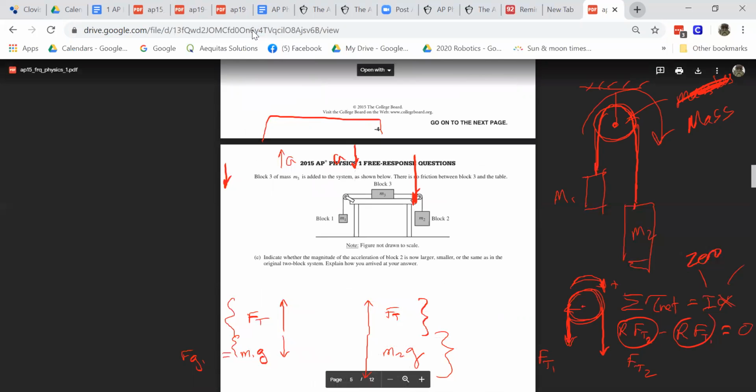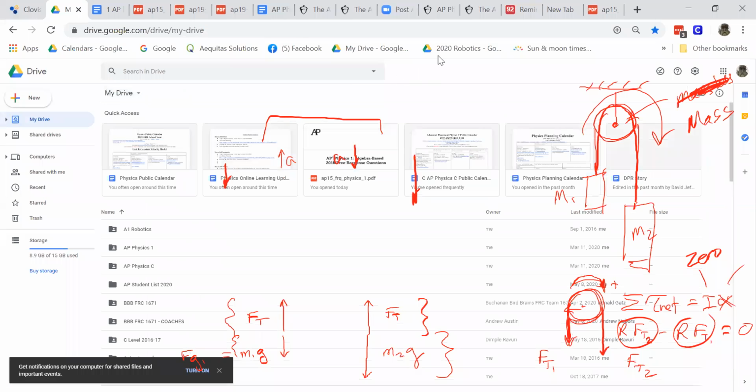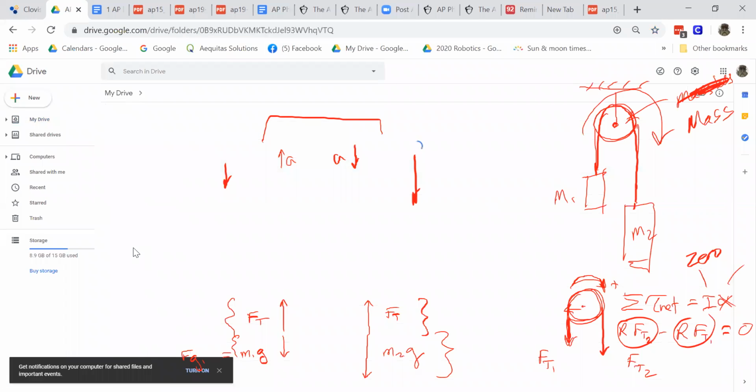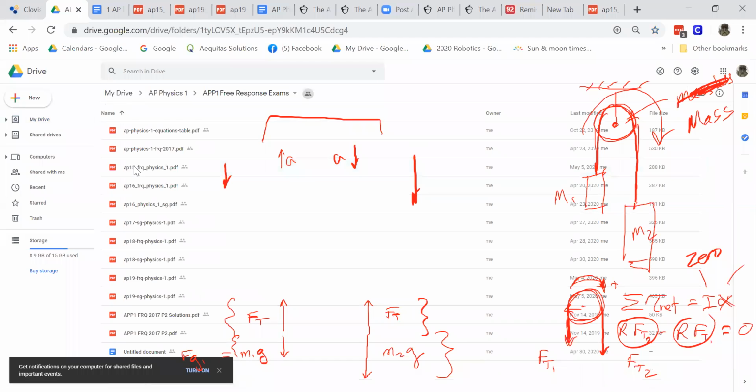Huh. I thought I had the solution guide on there. Let me find it. Where is the solutions? Maybe I don't have it. Oh, it's not in my collection. Well, we'll find it here.